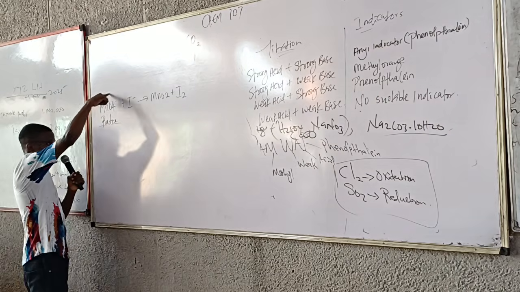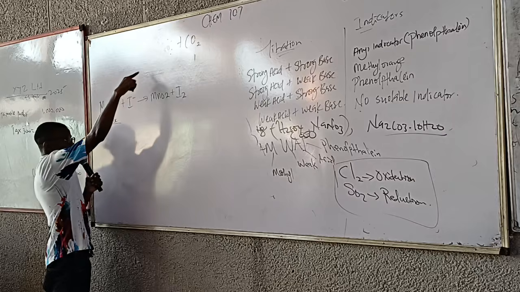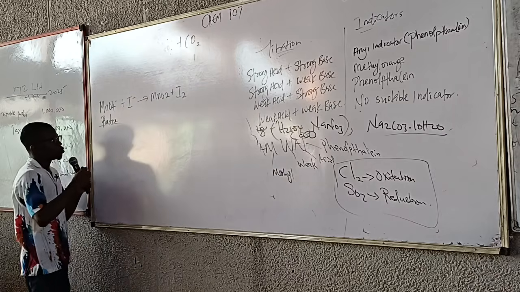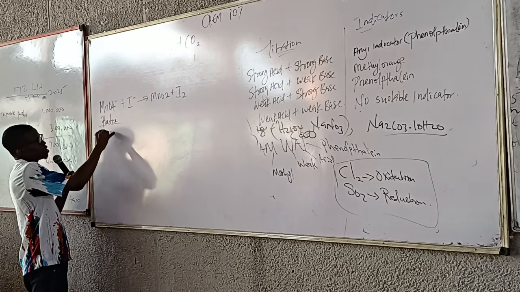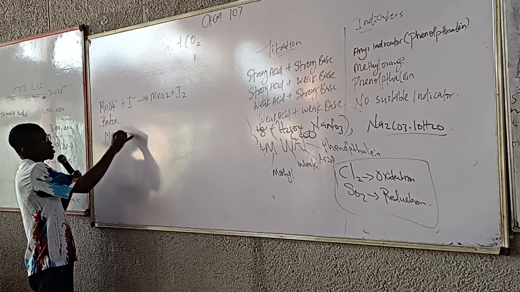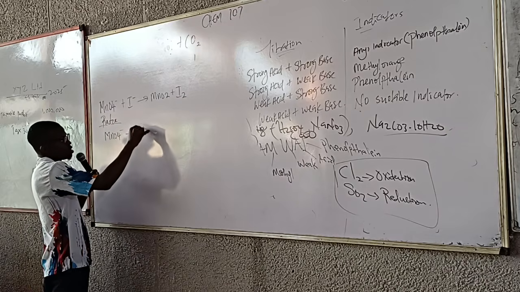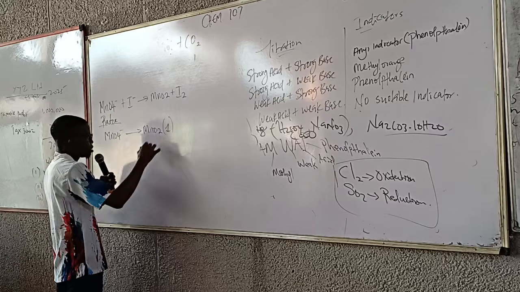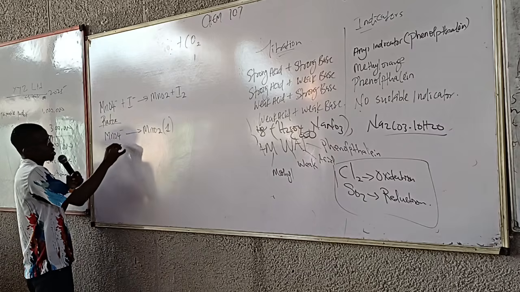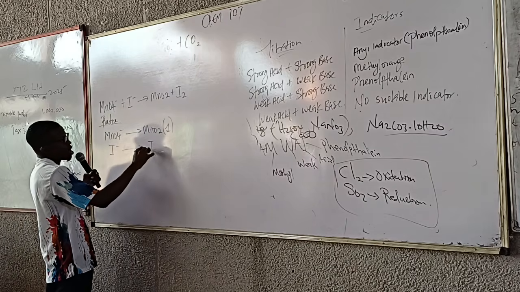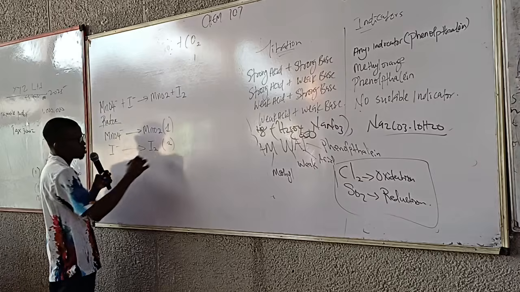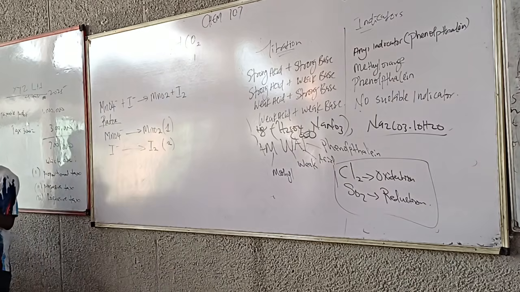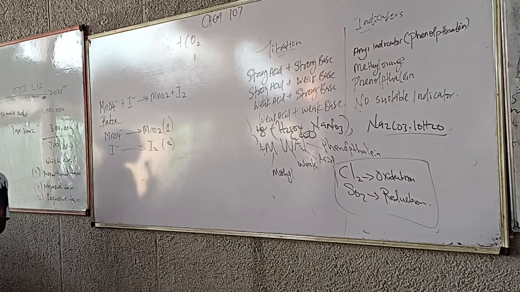This one is producing this, and this is producing this, right? So the first one: MnO4 minus produces MnO2. Then the second one: I minus gives me I2. So I just split this reaction into two half reactions.